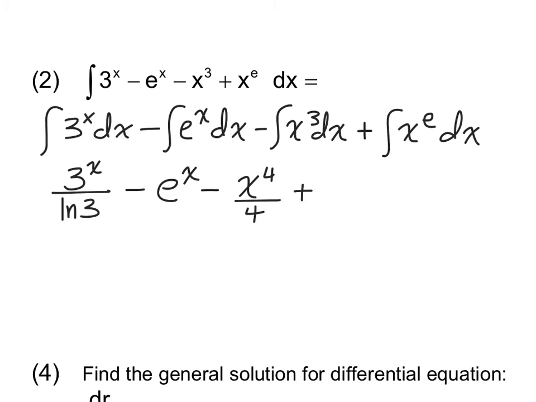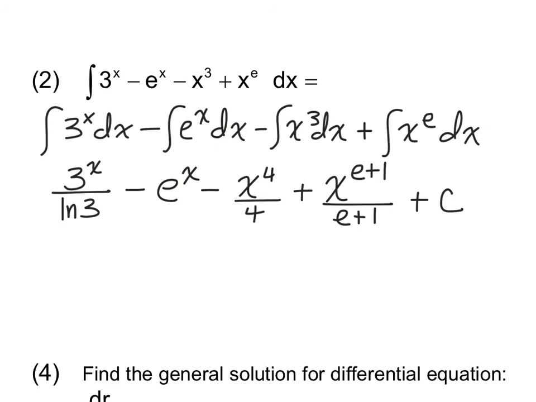It's not exponential. X to a numerical power, it's a power function. So we're going to apply the reverse power rule there. So x to the e plus 1, oh, that's not an x. E plus 1 or 1 plus e either way, over e plus 1 plus c.